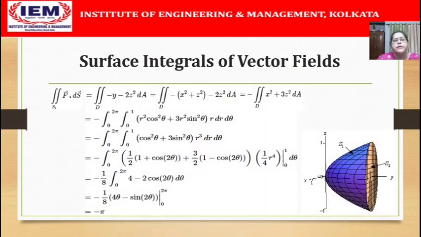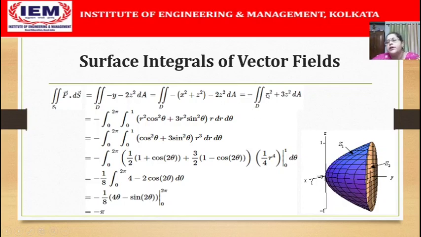We replace y by its expression x square plus z square. So this becomes minus the double integral of x square plus 3z square dA over the region D.